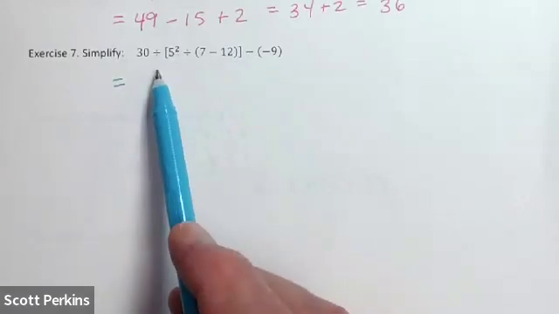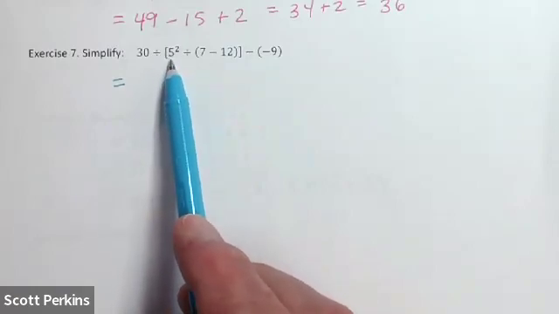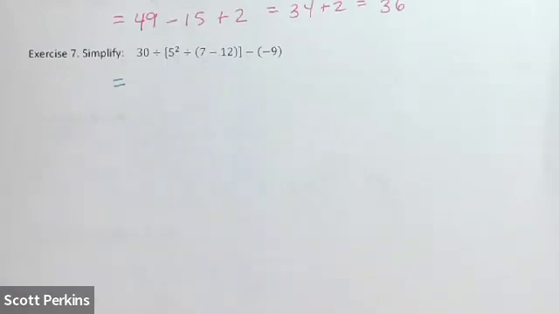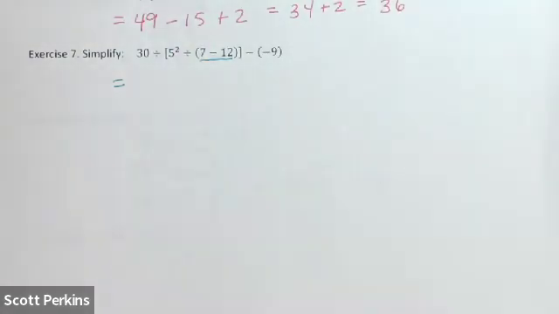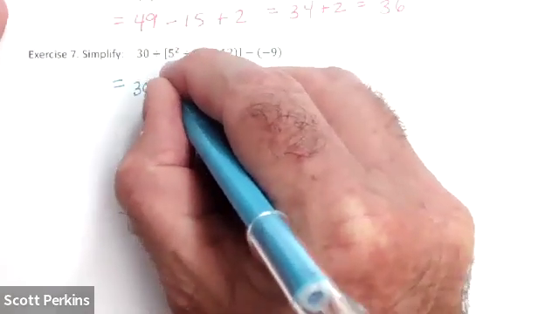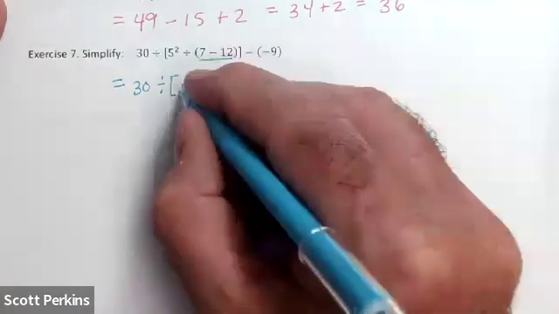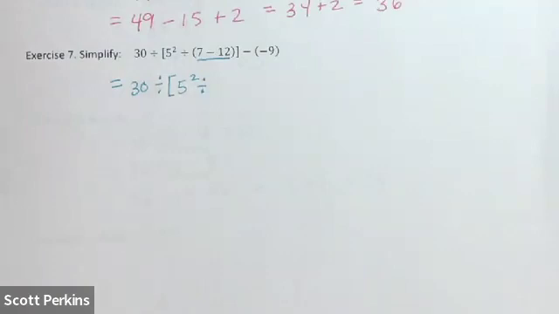Looking at this, I've got the 5 squared inside the brackets. I've got 5 squared divided by, and then I've got these parentheses, 7 minus 12. What I'm going to do first is start with the parentheses that are closest together, and work my way out on the parentheses step. I'm not going to worry about anything else. I've got 30 divided by, a square bracket right there, and then 5 squared divided by, and then 7 minus 12.